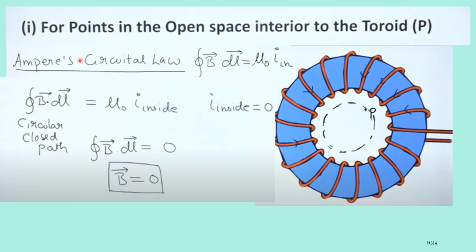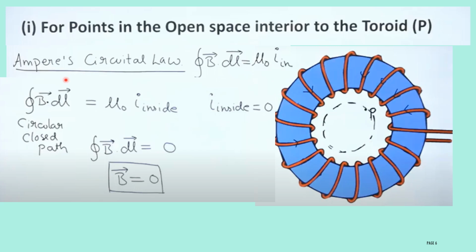Consider the first case, points in the open space interior to the toroid, P. Consider a point P in the open space interior to the toroid. If you want to calculate the magnetic field generated by a current carrying solenoid, you have to consider a circular loop.